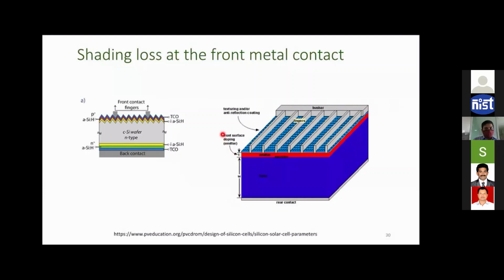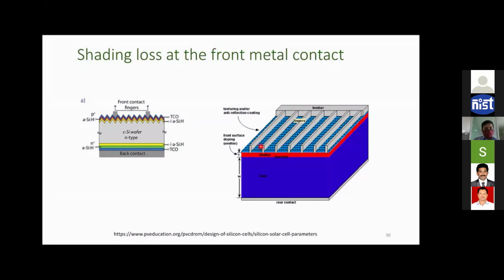So now there is a design involved to choose the geometry of these metal fingers, because if you place these metal fingers quite far apart, that means the distance between two metal fingers is high, then what will happen? The charge carriers have to flow laterally longer distances. And when they are flowing longer distances, there is always a chance that they will recombine, because now they are staying longer inside your semiconductor. So you can't place the fingers much further from each other.